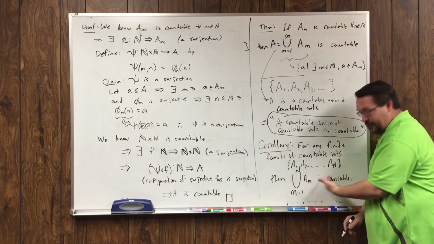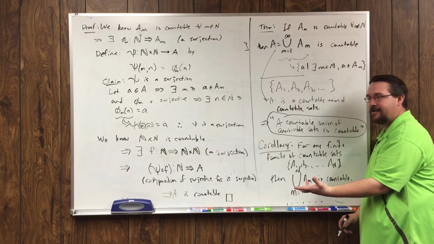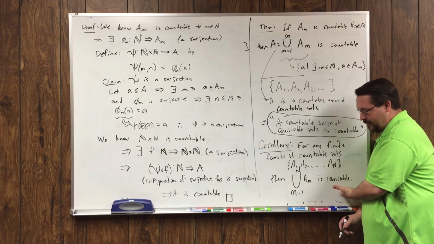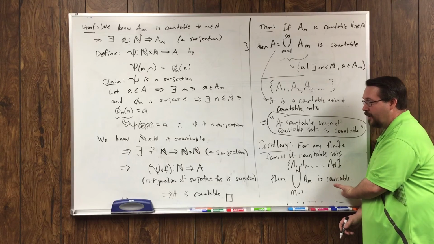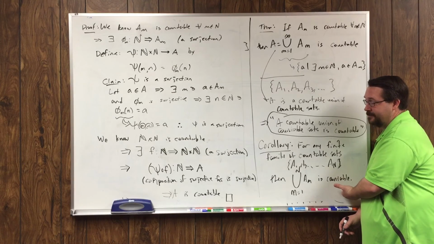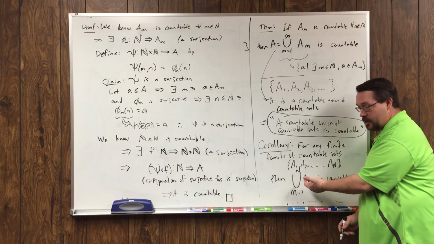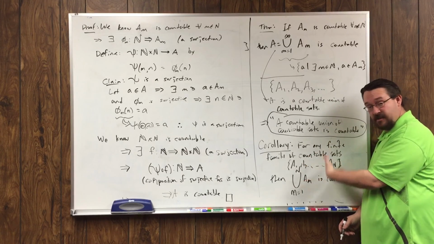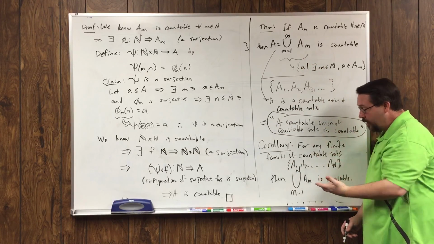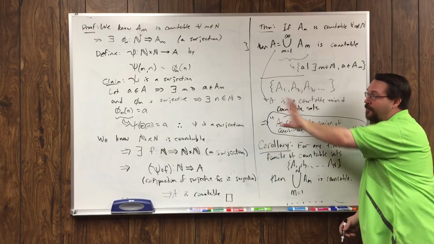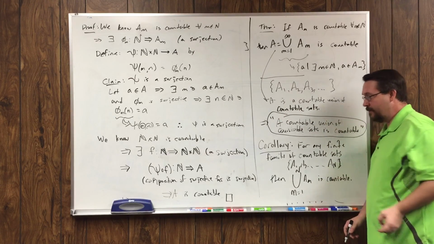However, if it works for countably infinite sets, it also, as a result of this corollary, works for a finite number of sets as well. One way to get this as an immediate result is to let A sub N plus 1 out to infinity be the empty set. Then you have this result immediately. Or you can also prove it in a very similar fashion to what we did before.